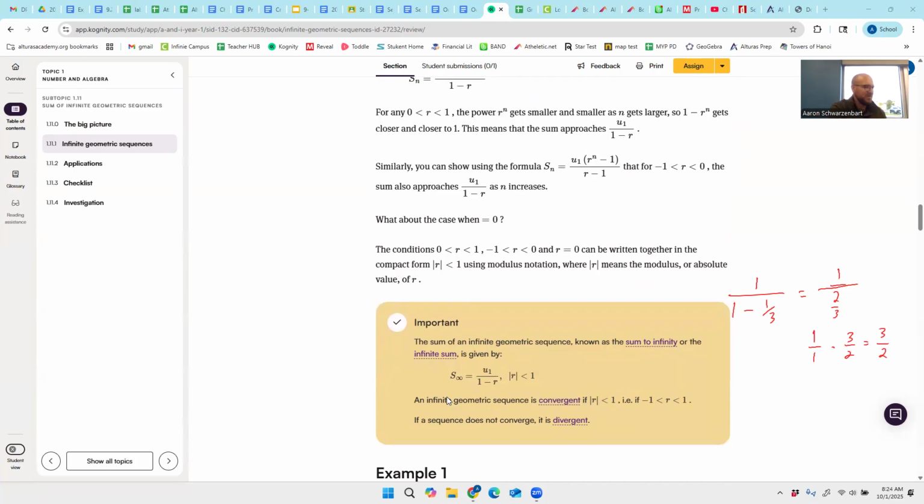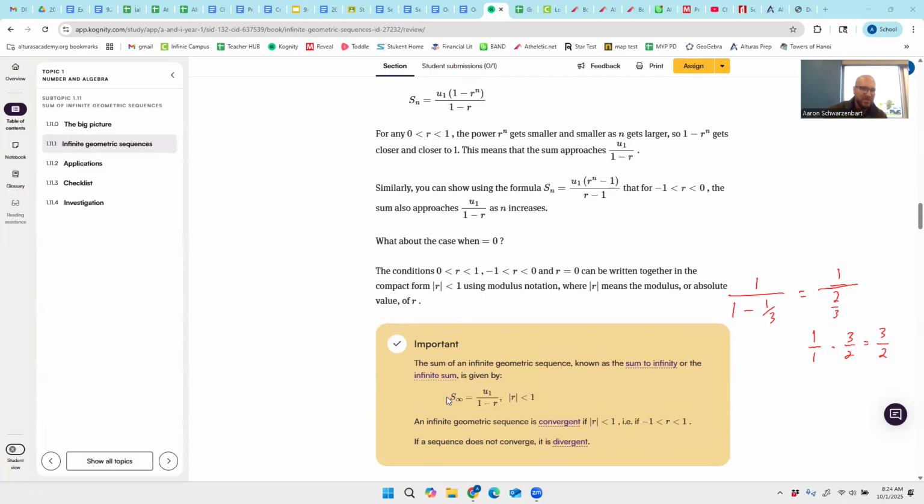So the original formula looked like this here. If r is less than 1, r to the infinity goes to 0.